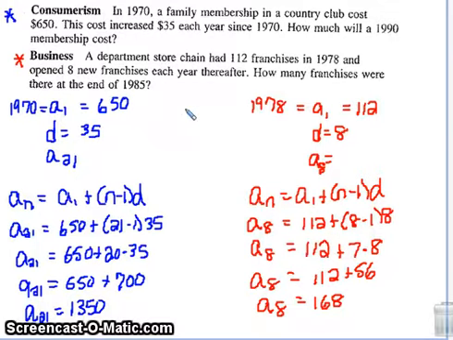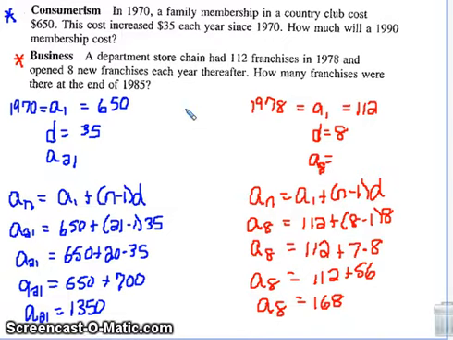If you do 1990 minus 1970, that gives you 20, but then you've got to add one more for the 1970 term. Right?